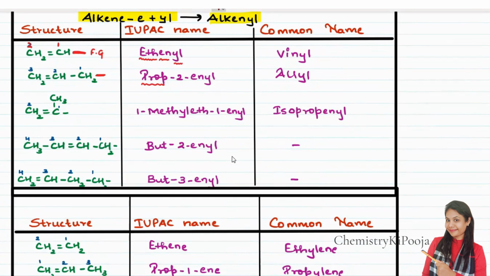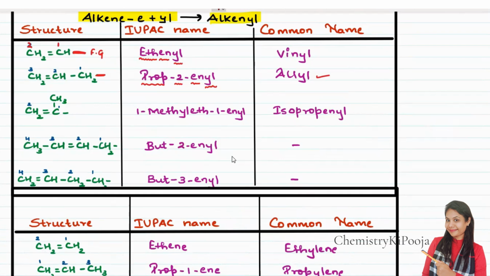So, whichever is the lower position, that we are going to write down as the numbering. So between 2 and 3, we consider the second position. Then it is en and then finally yl. So the entire naming is prop-2-enyl.